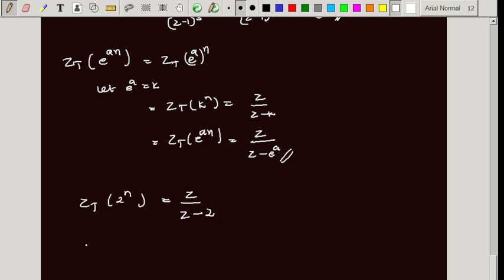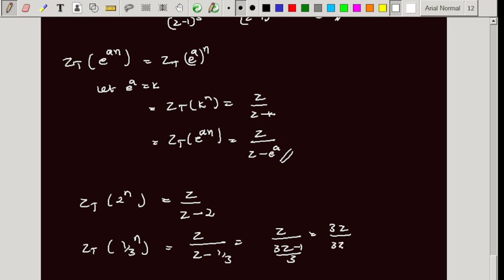Suppose we have a problem based on 1 divided by 3 power n, this one also we can write as z by z minus k, where k is 1 by 3. Then we take the LCM: z divided by z minus 1 by 3 equals 3z divided by 3z minus 1.